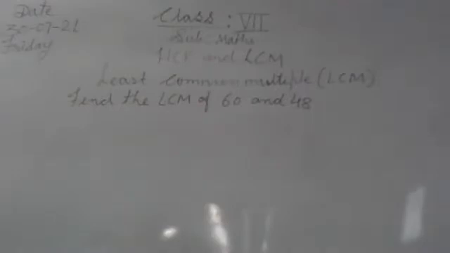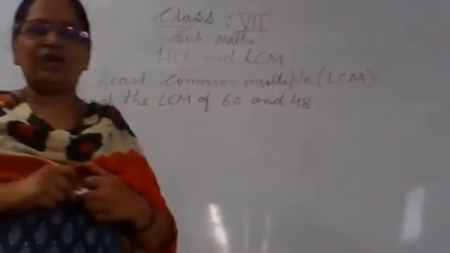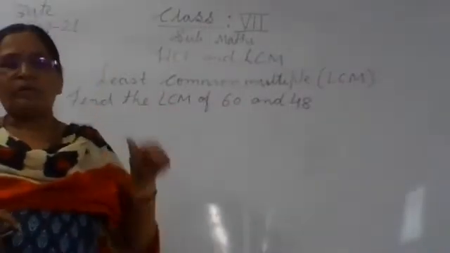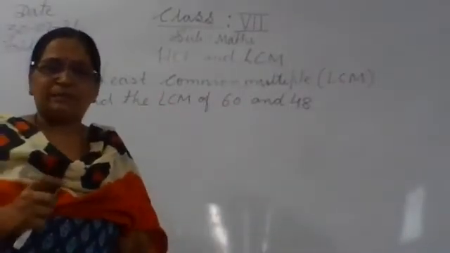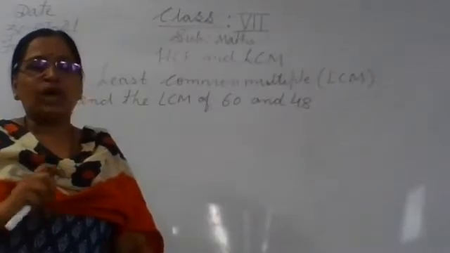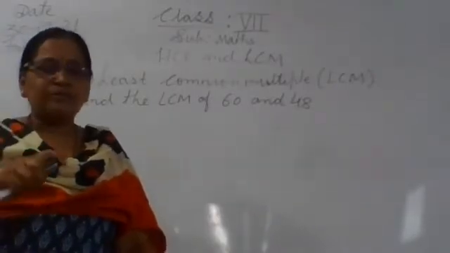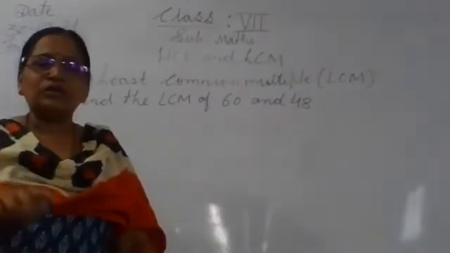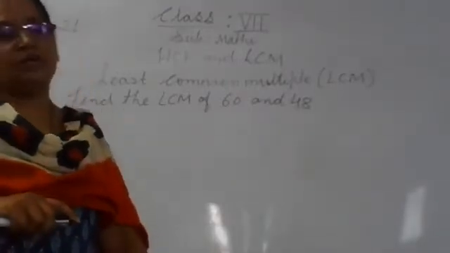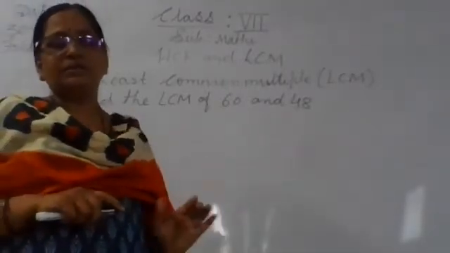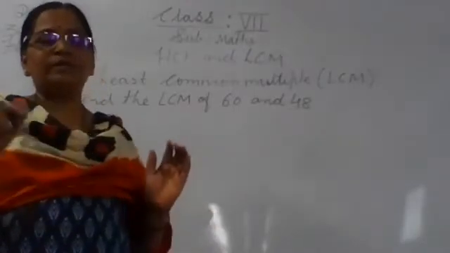First we will find the factors of 60 and 48. In HCF we found only the common factors of the given numbers, but in LCM you have to find the common and also the uncommon factors.